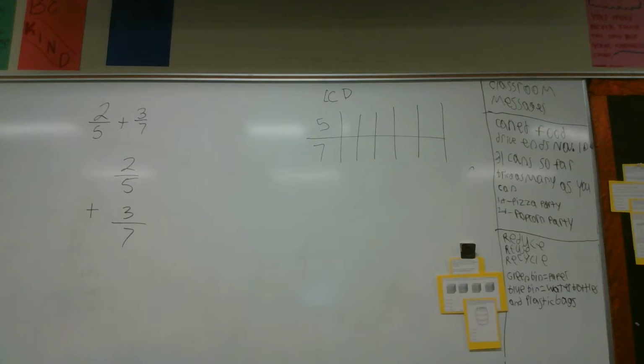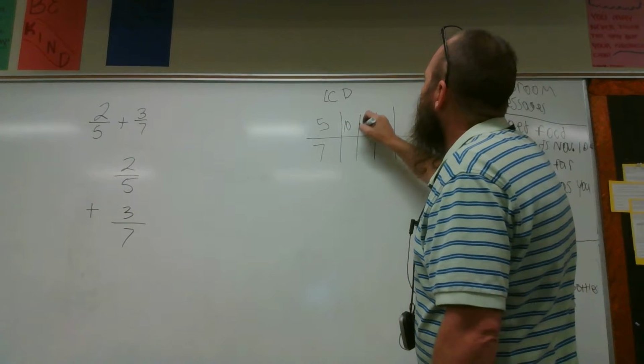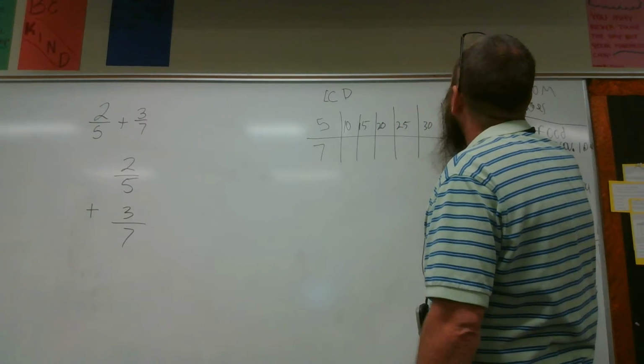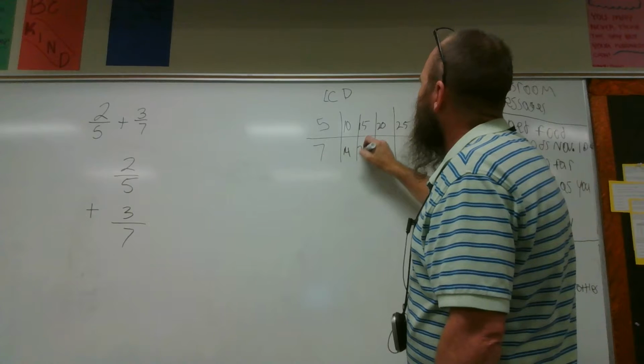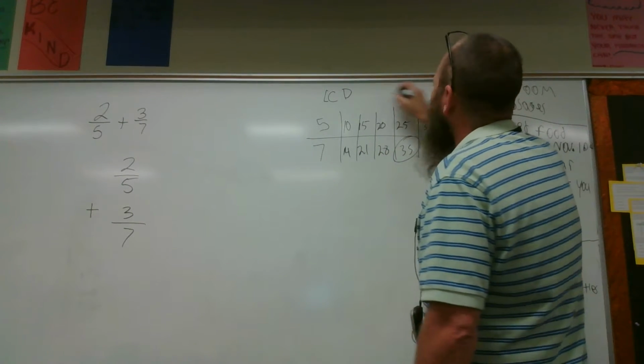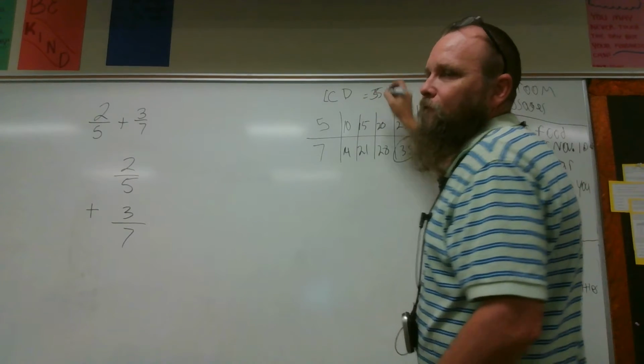Reagan, what is the least common denominator of 5 and 7? 35. 5, 10, 15, 20, 25, 30, 35, 7, 14, 21, 28, 35. My least common denominator is 35.